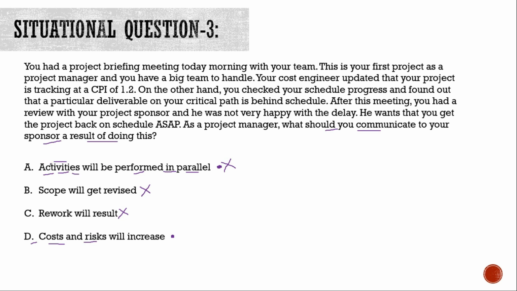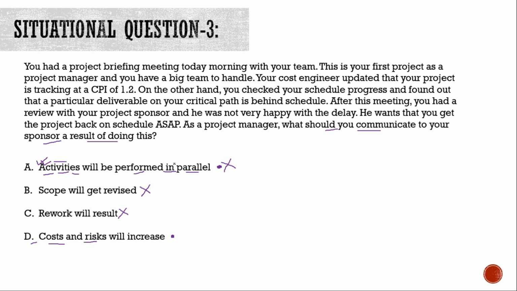And if you see here, it is only telling activities, right? It is not telling critical activities. Be very careful. Now, when you do fast tracking of a project, it is mainly done on the critical activities. It is not just done on any activity, right? So even if you do fast tracking on any one of the activities, if it is not on the critical path, it will not help your schedule to accelerate.